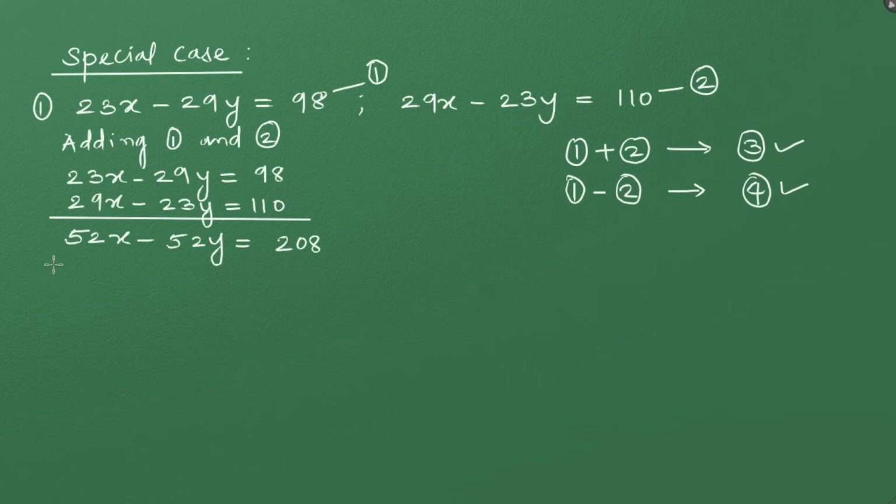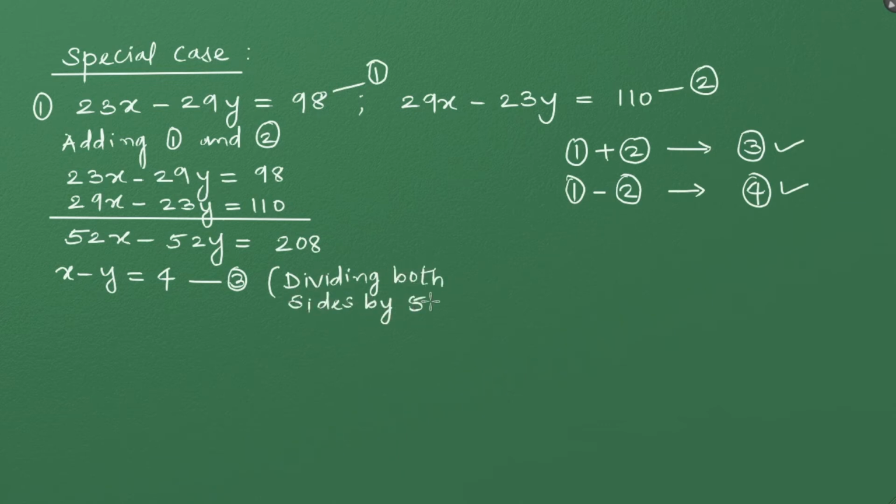Now divide both the sides by 52. When you divide both the sides by 52, it gives x minus y equals 4. So adding 1 and 2 gives equation 3. So this is the equation 3. It is obtained by dividing both the sides by 52.